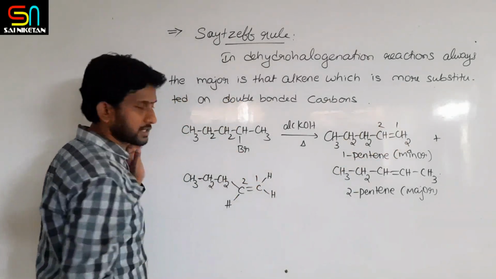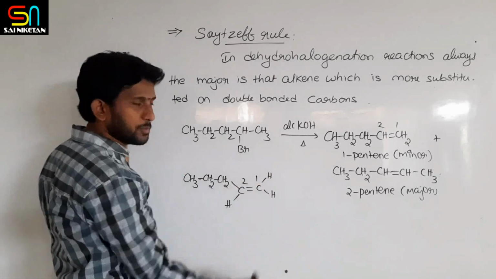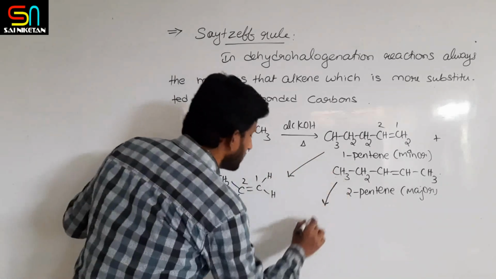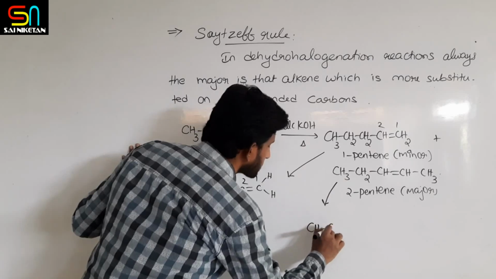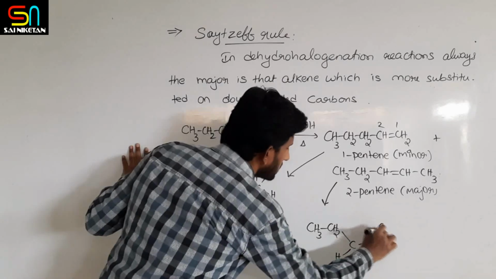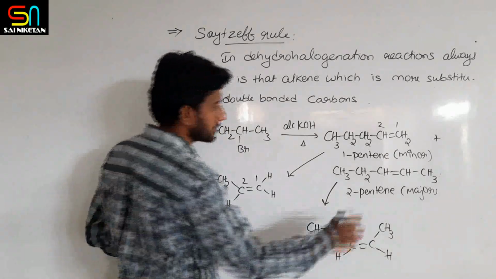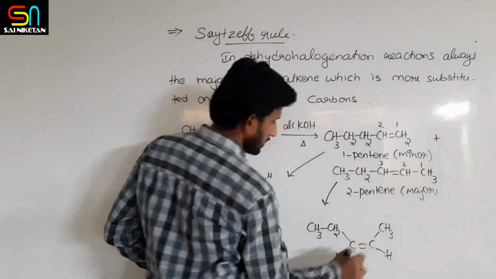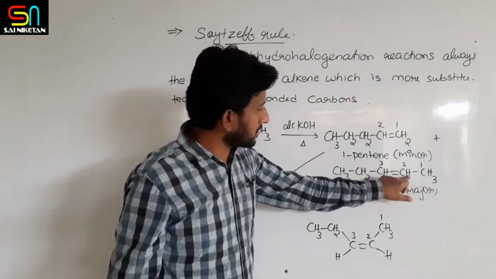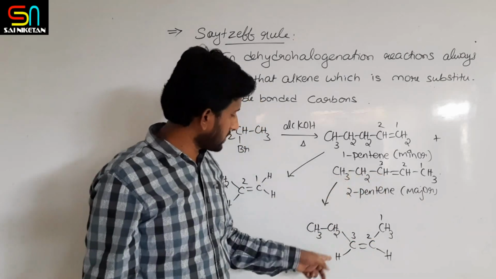If I draw 2-pentene structure, you will observe here, this is CH3, CH2, CH double bond CH, CH3. Here is 1, 2, 3. So second carbon is containing 1 hydrogen and 1 methyl, and third carbon containing 1 hydrogen and 1 ethyl, as I have written.